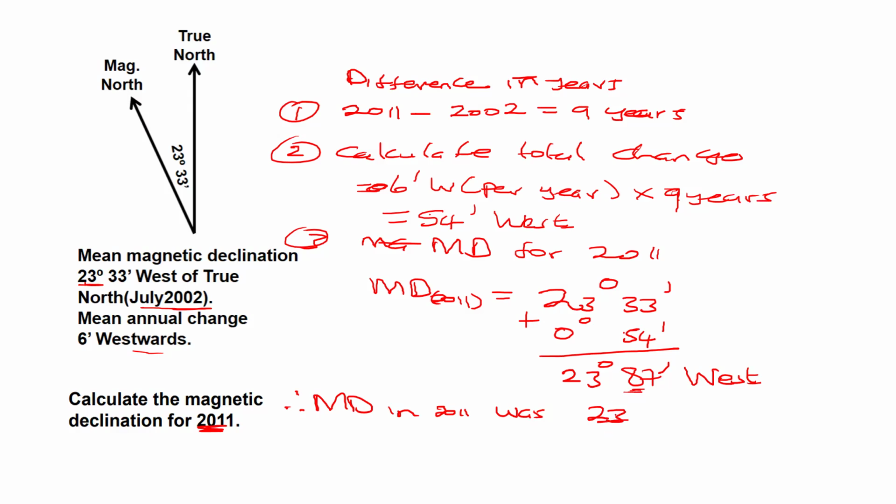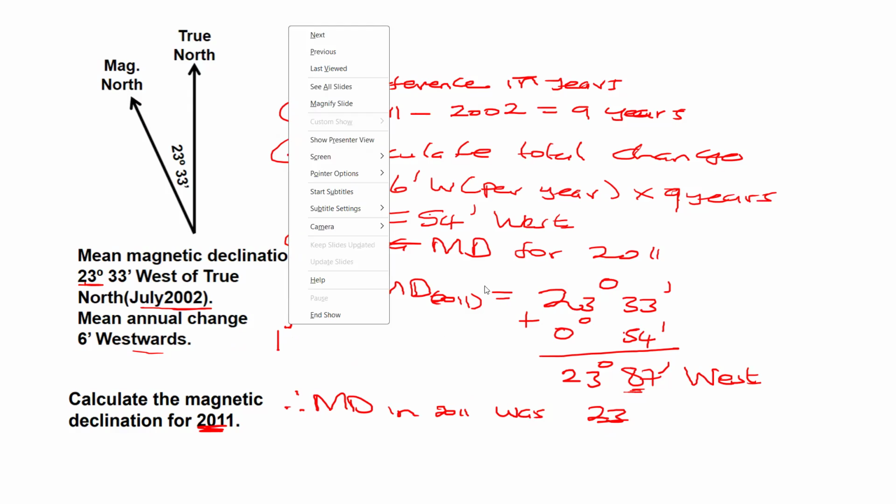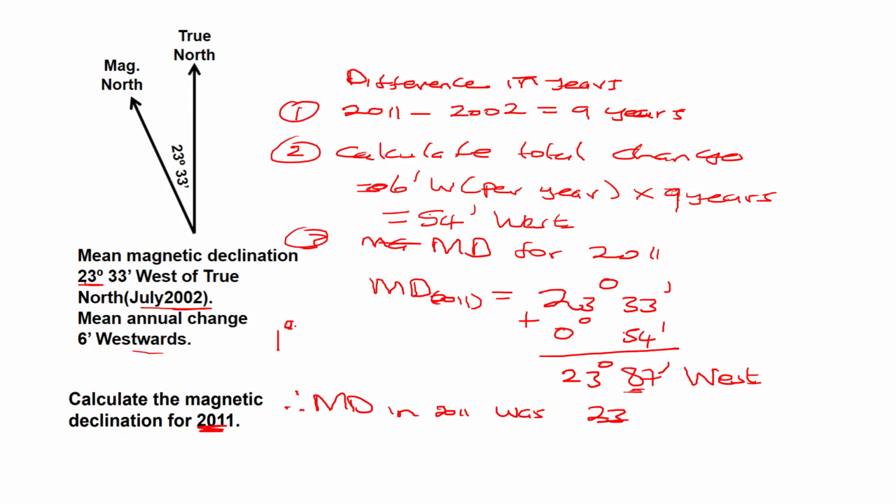So we need to break this down first. 87 minus 60 is 27, so we have 1 degree and 27 minutes.